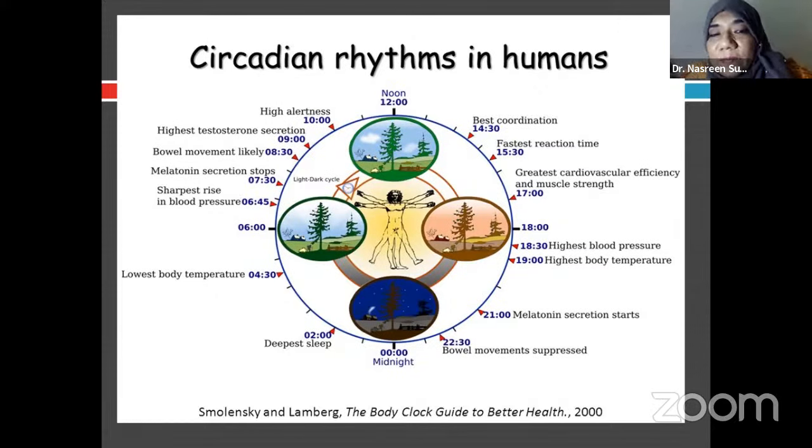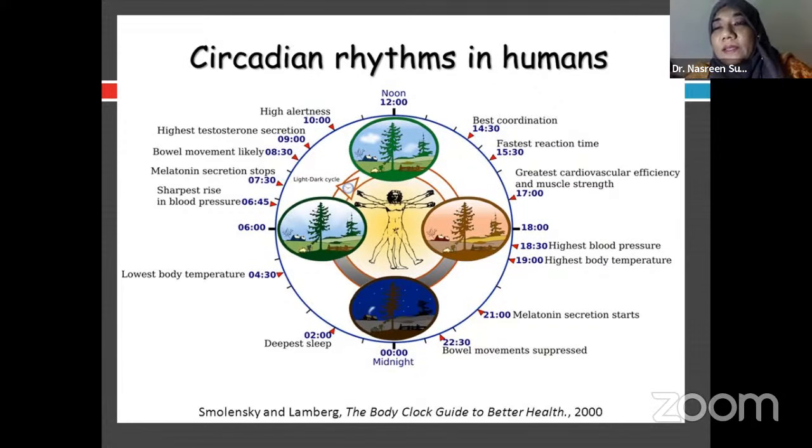Then midnight, then at 2 o'clock you will be in deep sleep. At 4:30 the body temperature will go down, lowest body temperature, and at 6:45 in the morning there will be a high rise in blood pressure. Usually when you see the cases where persons are dying because of hypertension and all, most of the cases will be in the early morning only, because in this time cycle, in a human being, there will be the sharpest rise in blood pressure.